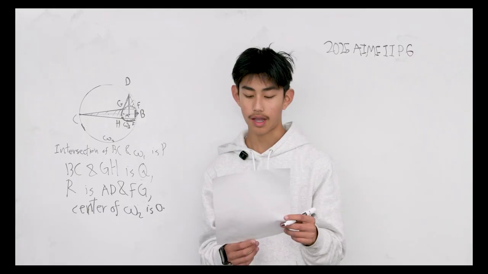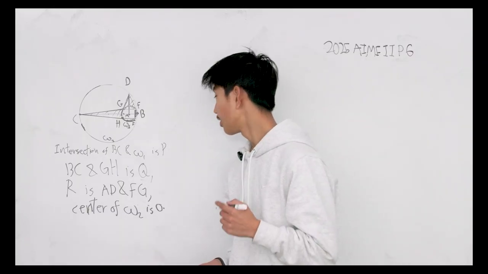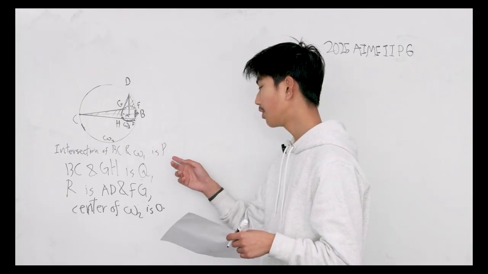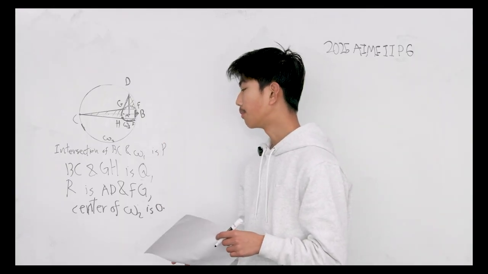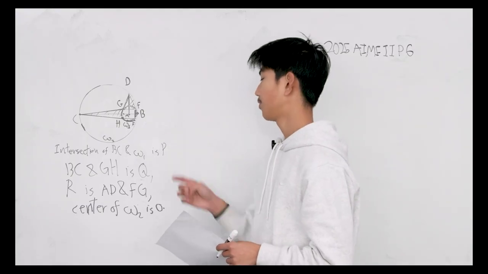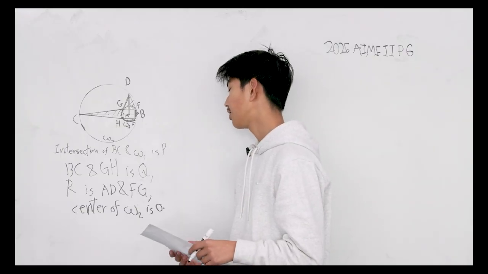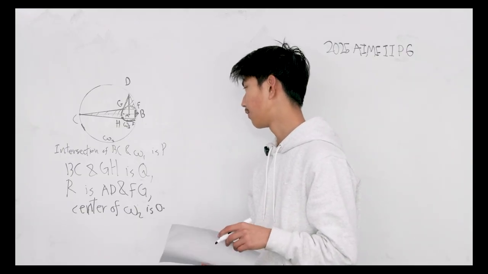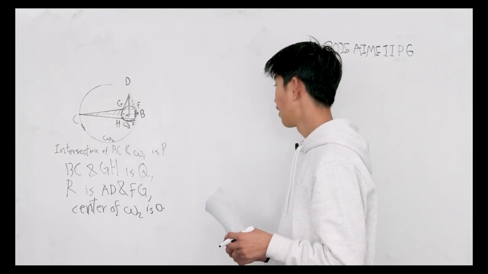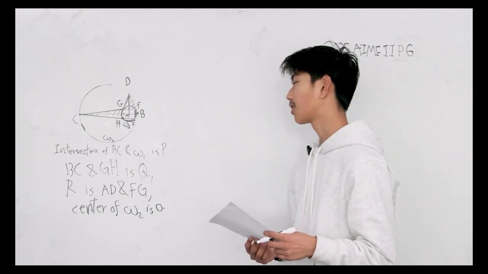Find m plus n. So, first thing we can do, we let the intersection of BC and omega 1, the smaller circle, be P. The intersection between BC and GH be Q. So that point, tiny one right there. R is the intersection of AD and FG, and we let the center of omega 2, the second bigger circle, be O. First thing we can do is set variables for the side lengths of the rectangle.